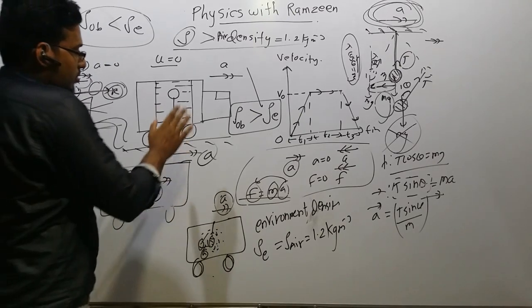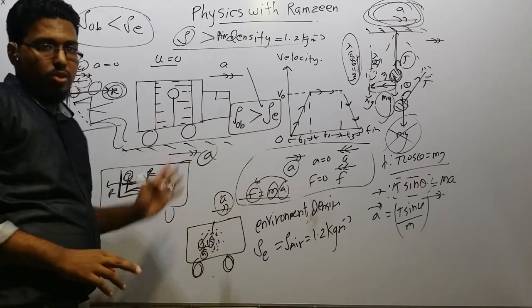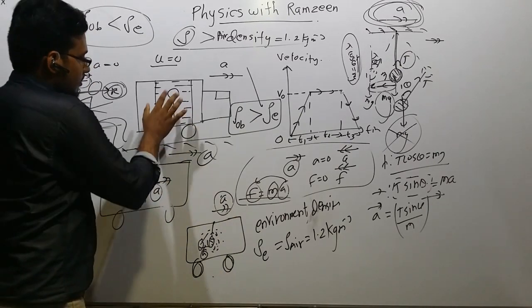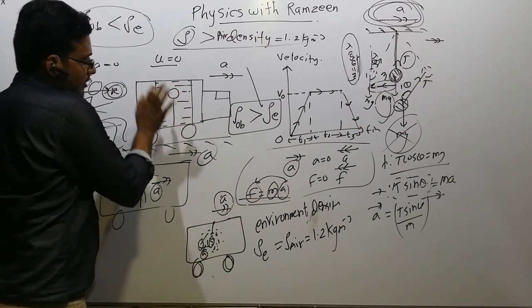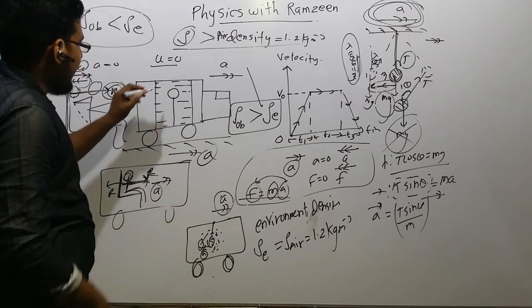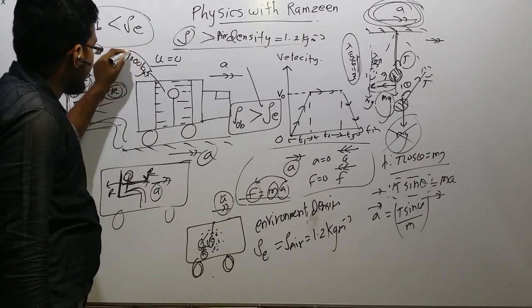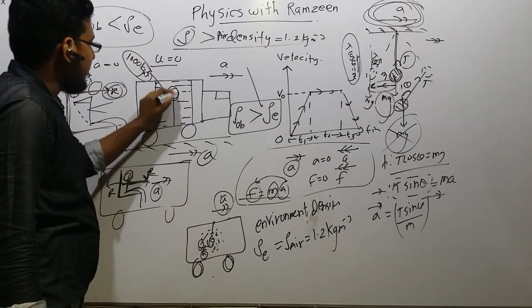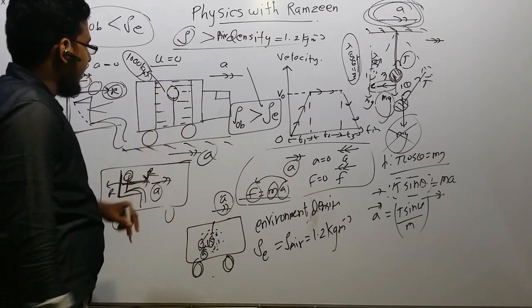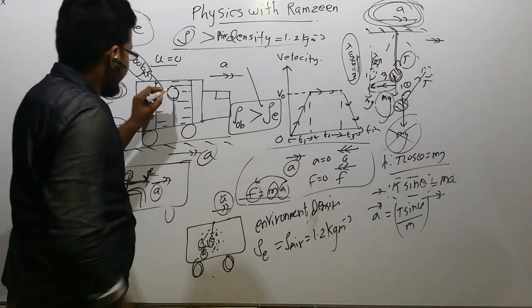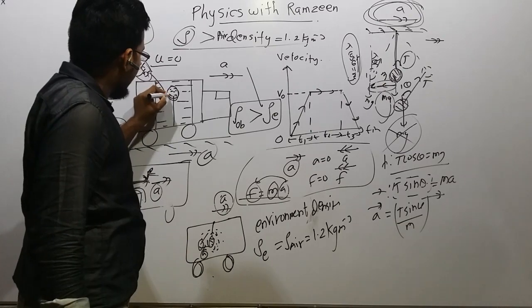When we look at this diagram, the question says the balloon is submerged in the water. The water density is 1000 kg m^-3, and it's a massless balloon. Then there is air in the balloon.